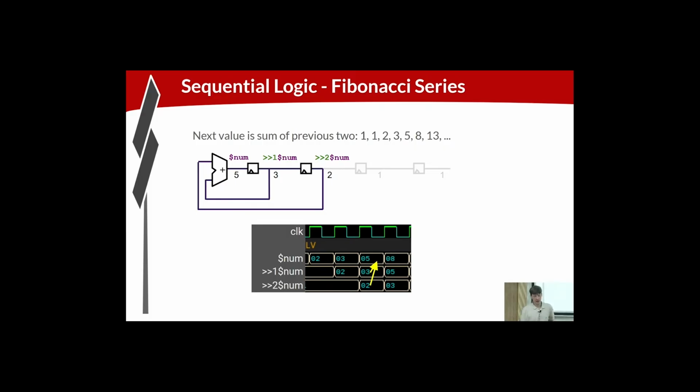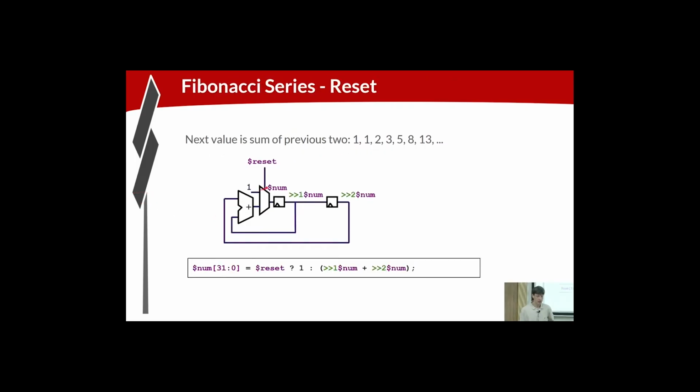Yeah, we need to reset this. We just talked about the fact that every sequential circuit needs to be reset to a known state. Known state for this circuit, we can reset this to have the previous number and the previous previous number be 1. That'll initialize us, start us off. And we can get 1 here and here by injecting a reset value of 1 in number, right?